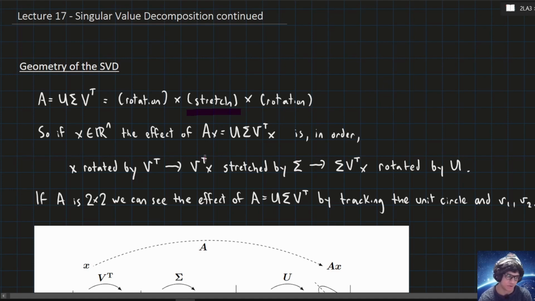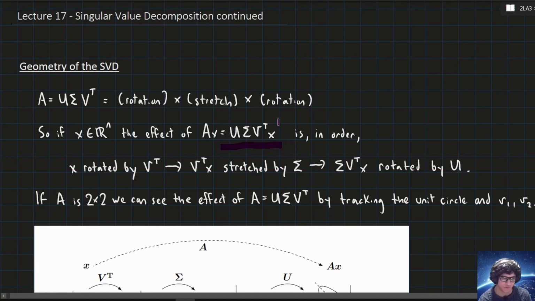If we think about an x in R^n, and what happens to it when we left multiply by A, since A is equal to U sigma V transpose, we can break down what happens to x in steps.